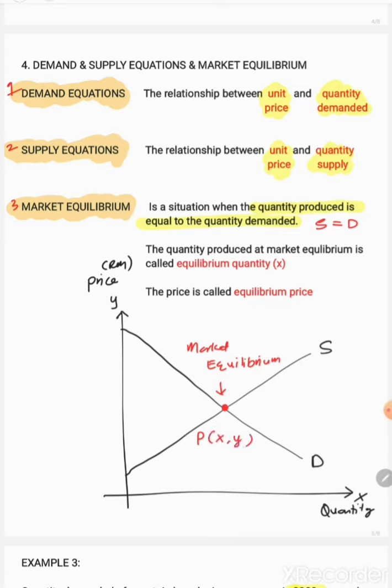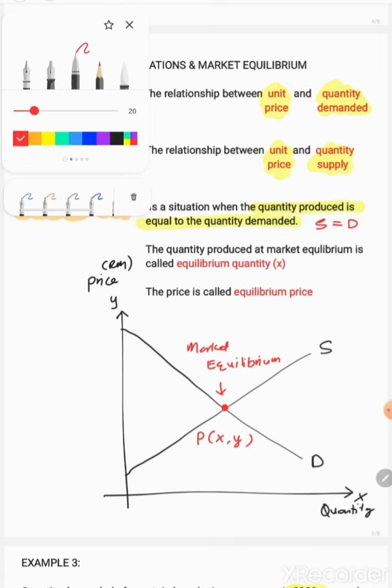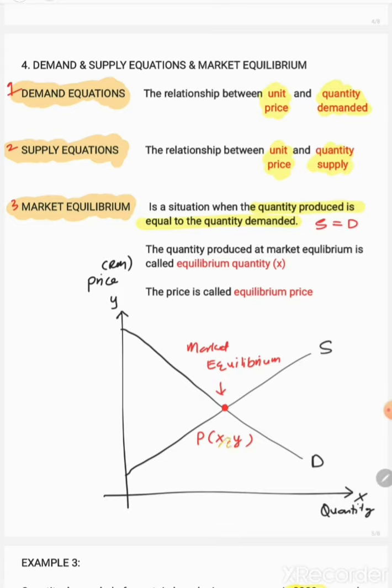The quantity produced at market equilibrium is called the equilibrium quantity, which is X, and the price is called the equilibrium price. To find this coordinate, you apply simultaneous equations, S equals D, and later you will get the point of market equilibrium.